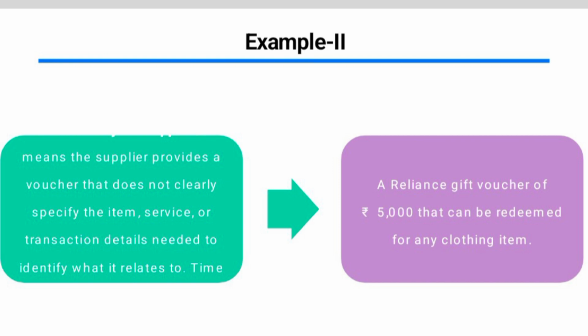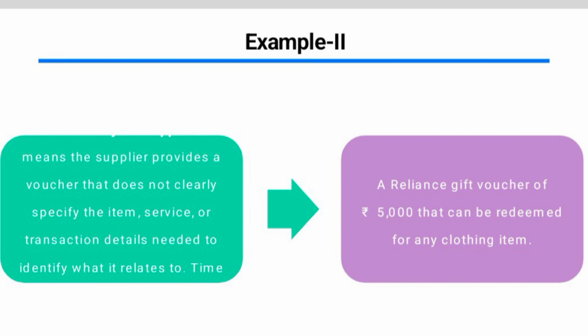The second case is if a voucher is not identified when it is issued by the supplier. It means the supplier provides a voucher that does not clearly specify the item, service or transaction detail needed to identify what it relates to. The time of supply is the date of redemption of the voucher. For example, a Reliance gift voucher of 5,000 that can be redeemed for any clothing items.